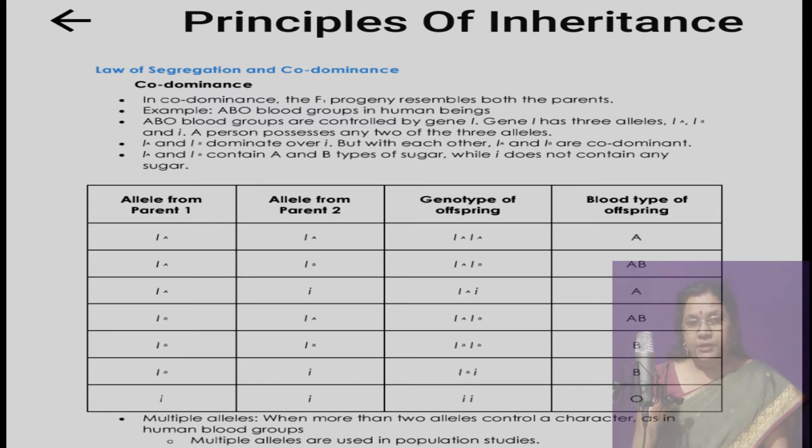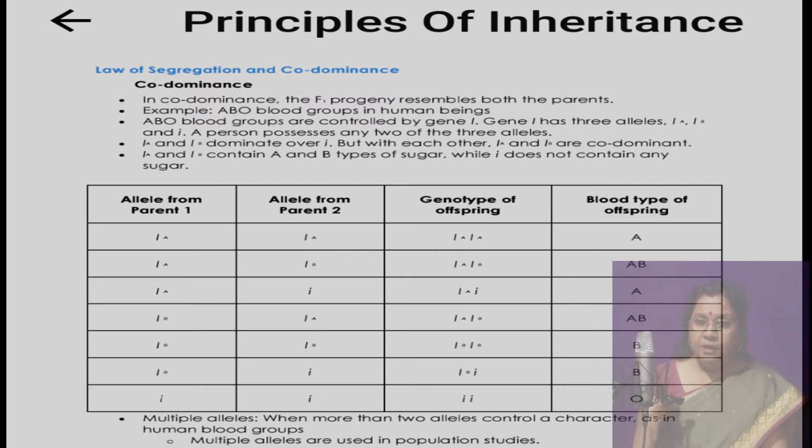Since we know that human beings are diploid organisms, and these three genes form four blood groups in the human being. That is blood group A, blood group B, blood group AB.